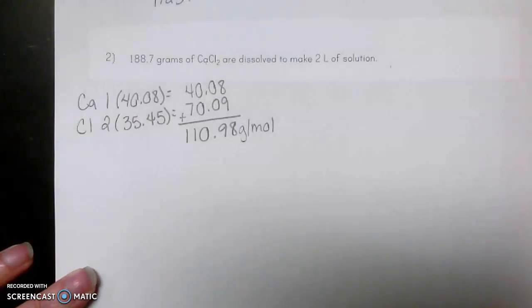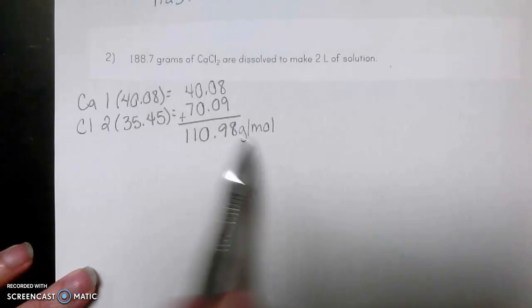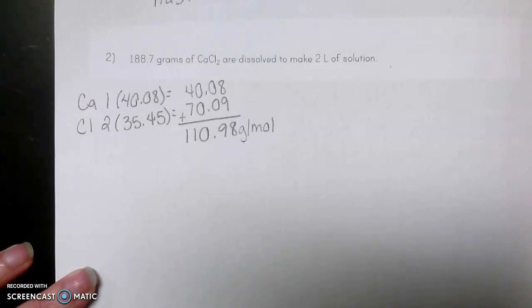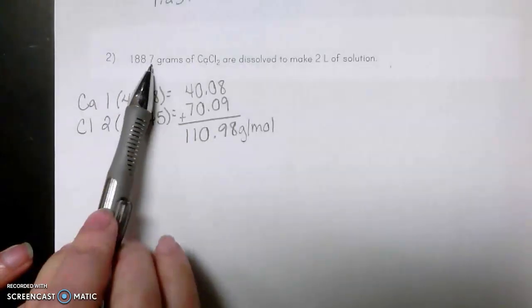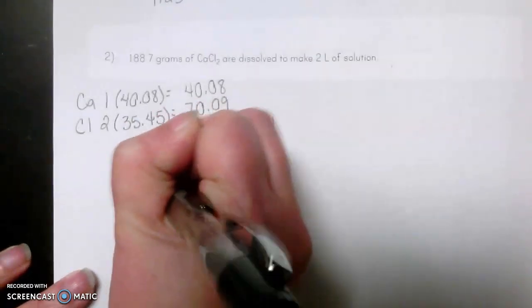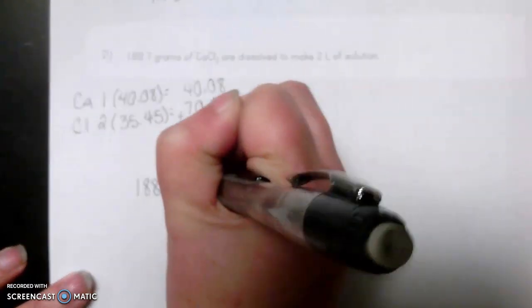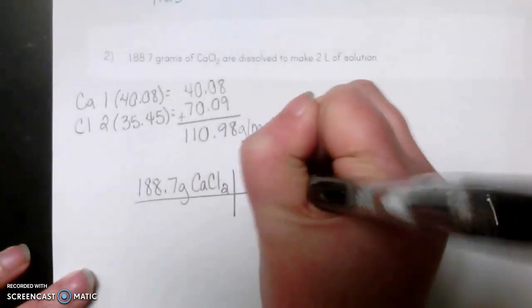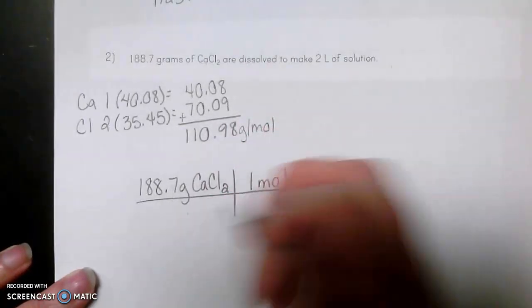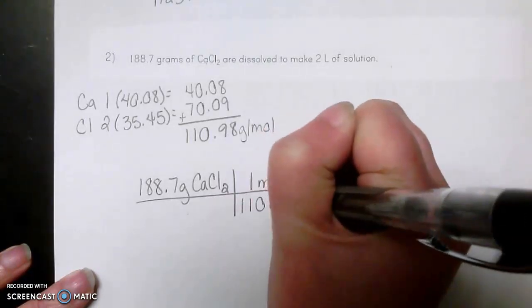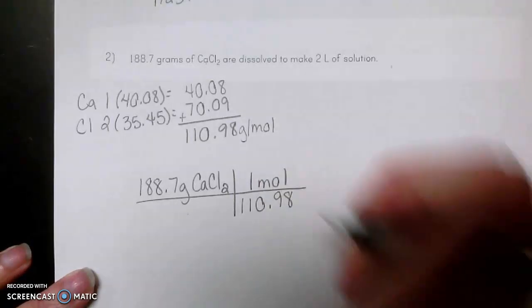Now that we have grams per mole, we need to convert these grams to moles. We have the molar mass, so now we can do this conversion. So you take 188.7 grams of calcium chloride, set it up. Remember, we're trying to get rid of the grams, so your grams are going to go on the bottom in your conversion factor.